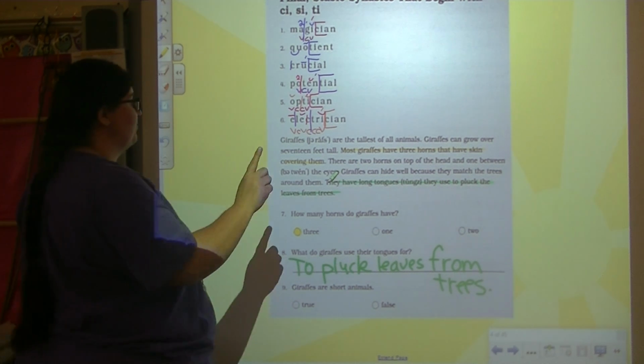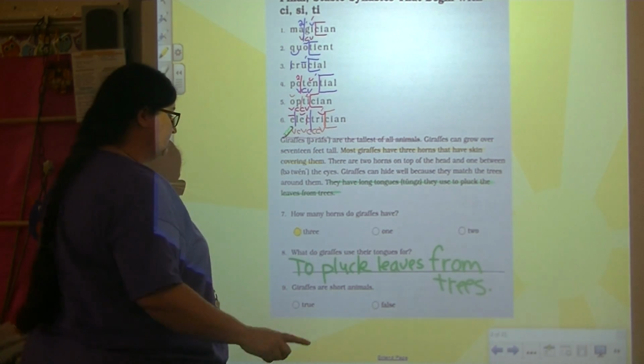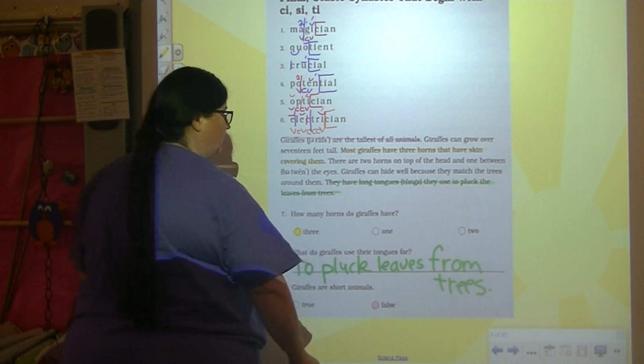Alright, the passage tells you right at the beginning, giraffes are the tallest of all animals. So are they short animals? False. They're the tallest.